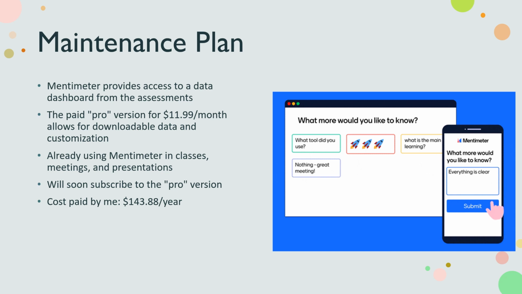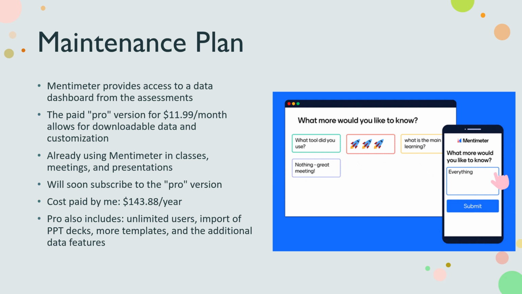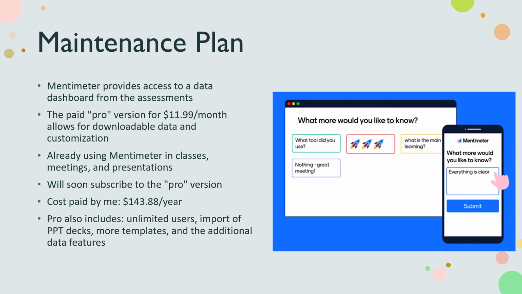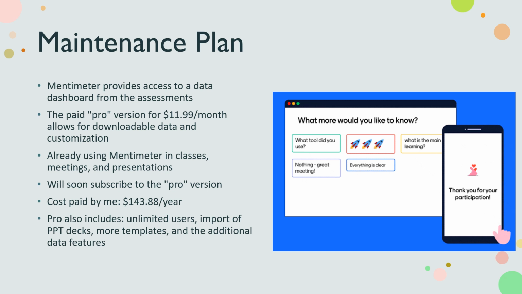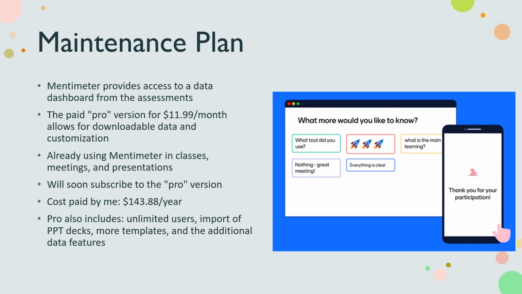But for now, I'm fine incurring those costs. And then lastly, the Pro feature also, in addition to the data download and some of those data features, it incorporates unlimited users, the direct import of PowerPoint decks, more templates, and some other features.